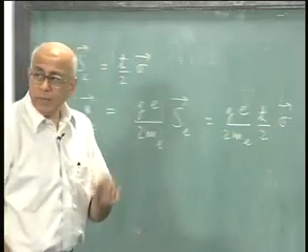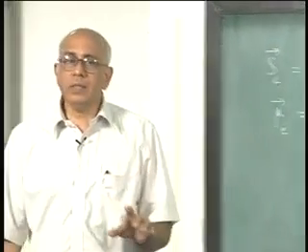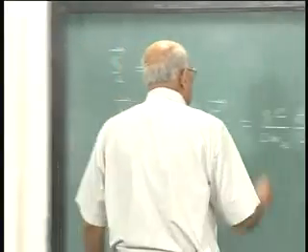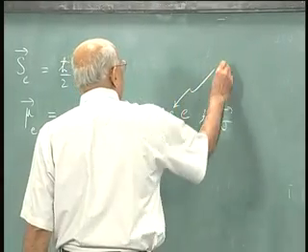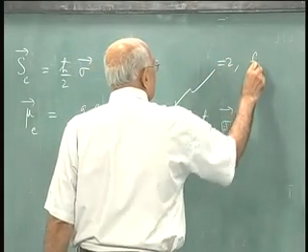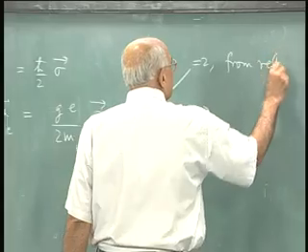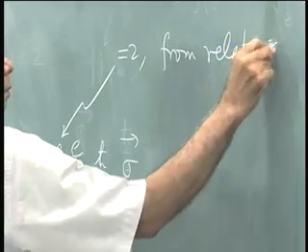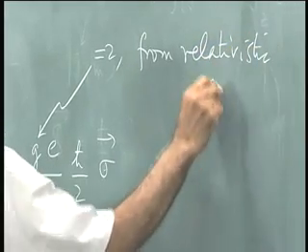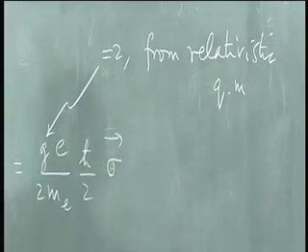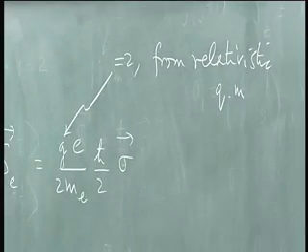But the G factor of the electron itself turns out to be 2 from relativistic quantum mechanics. So this is input information. There is no way of deriving this G factor in classical physics, it is not a classical concept, or even in non-relativistic quantum mechanics.